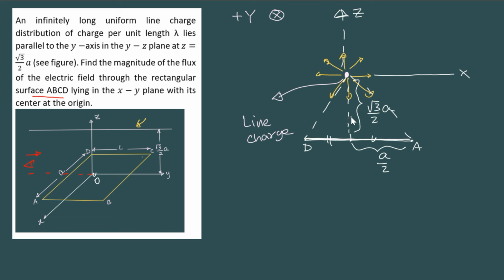Now, looking at the height root 3 by 2 a, you should realize that if you have an equilateral triangle of side a, the height is root 3 by 2 a. So this should give you an idea that you can take 5 more rectangles and arrange them in a way that as you look into the positive y-axis, you are getting a hexagon.